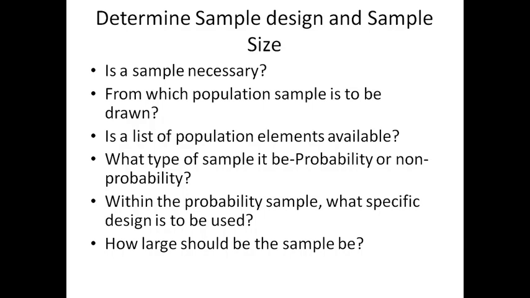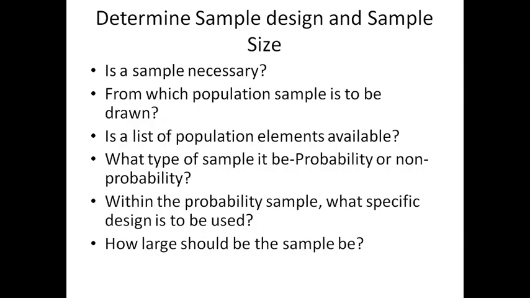If it is possible to cover 100% of the population, at that time a sample is not necessary because a census is possible. But in many researches, a census survey is not feasible because it is not only time consuming, but the cost factor also increases, and therefore the researchers need to conduct a sample survey.